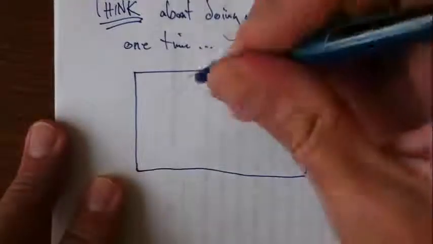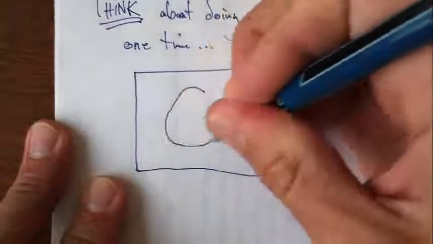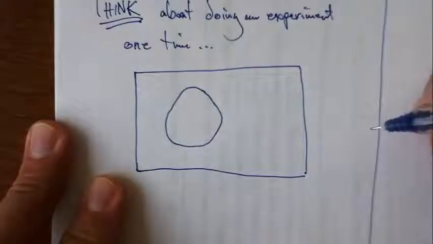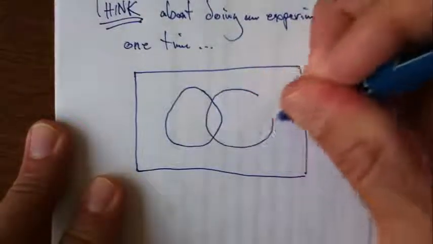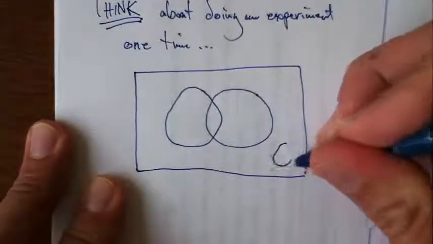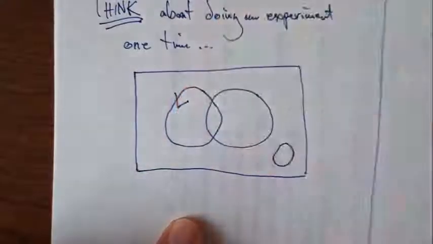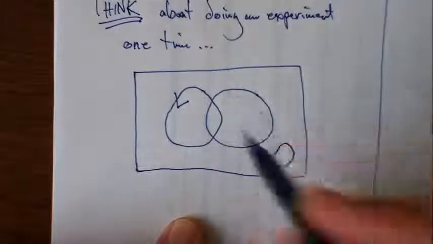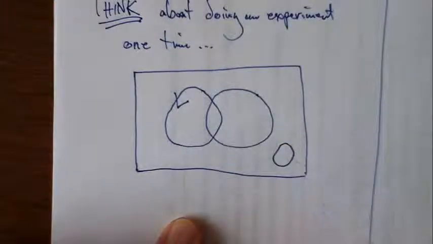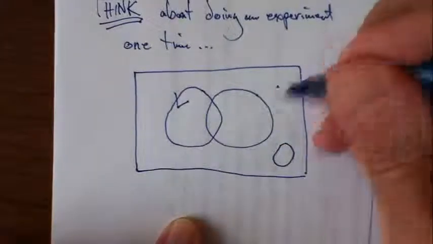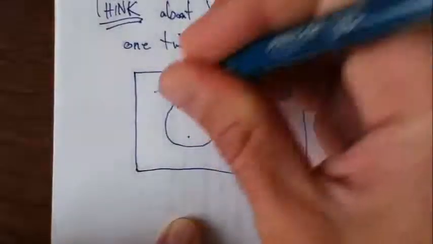Well, something in here could happen, or something in here could happen, or maybe something over here could happen. Maybe this is the event that you win the lottery. If you perform this experiment, it's sort of like throwing a magic dart that has to land somewhere in this region.